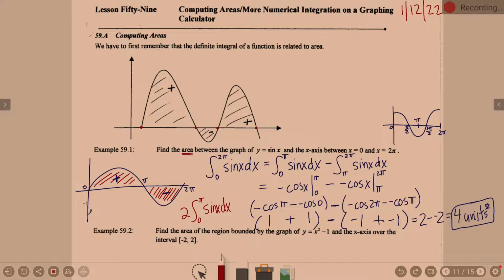And that's perfectly fine. So if you see something where it's symmetric and you know it's symmetric, you can take one piece and multiply it by 2, and that will be perfectly fine. That's only if you know it's symmetric. I guess I should say this is an or here. Okay. Ready for the next one?